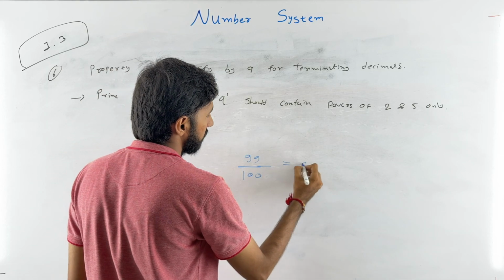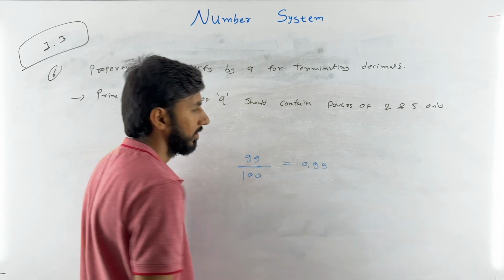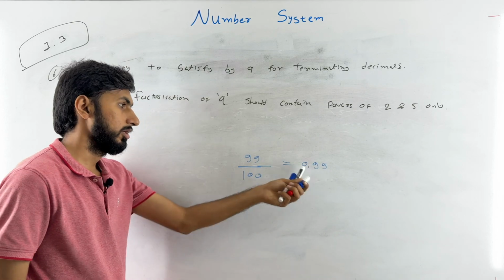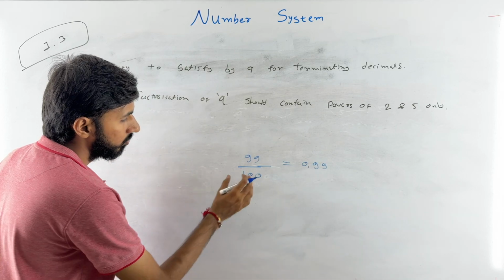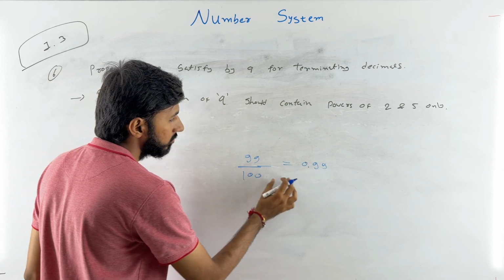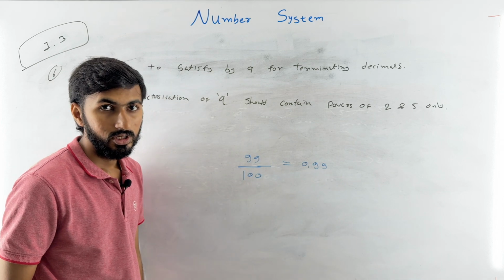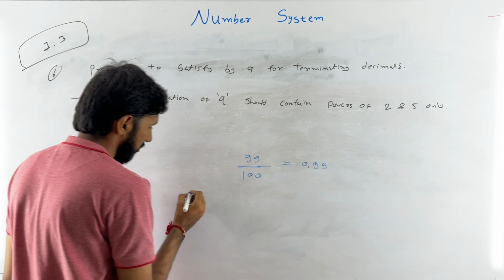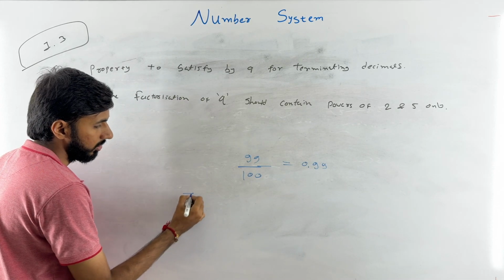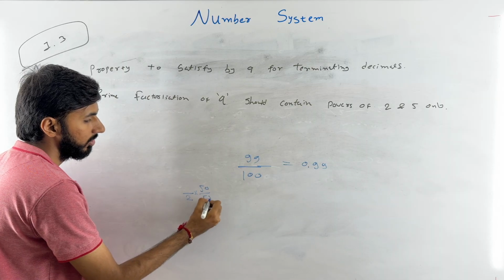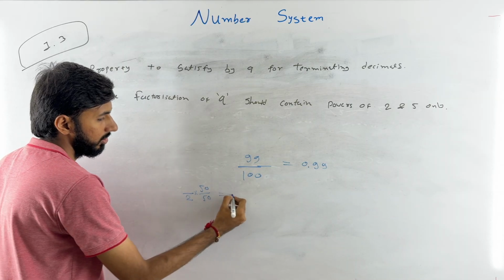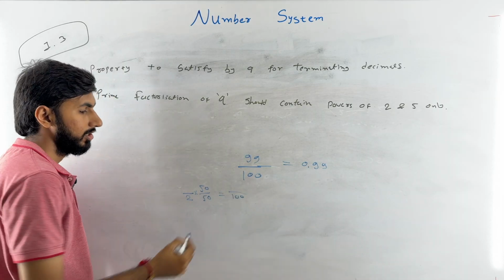So the decimal expansion of this number will be 0.99. Very easy, and it is terminating. Now to make 10 or 100 or 1000 or 10,000, the easiest way is like, I have 2 here and I want to make a 100 here. I will just multiply it by 50 and divide it by 50, to make 100.